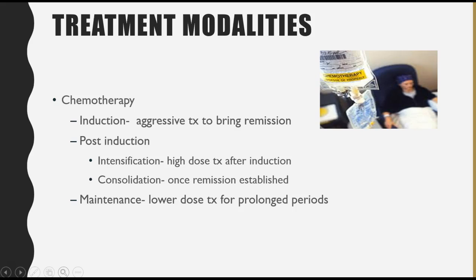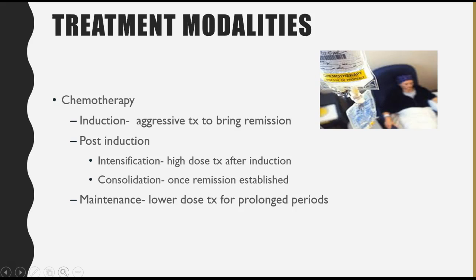There may be a few more courses of treatment given to the patient to eliminate any other possible cells, and higher doses are used again for this part of chemotherapy. Maintenance therapy is the treatment with lower doses of the same chemo drugs that were used earlier on. And these are given every 3 to 4 weeks to keep the body free of those leukemic cells, those immature cells, and the problematic cells.